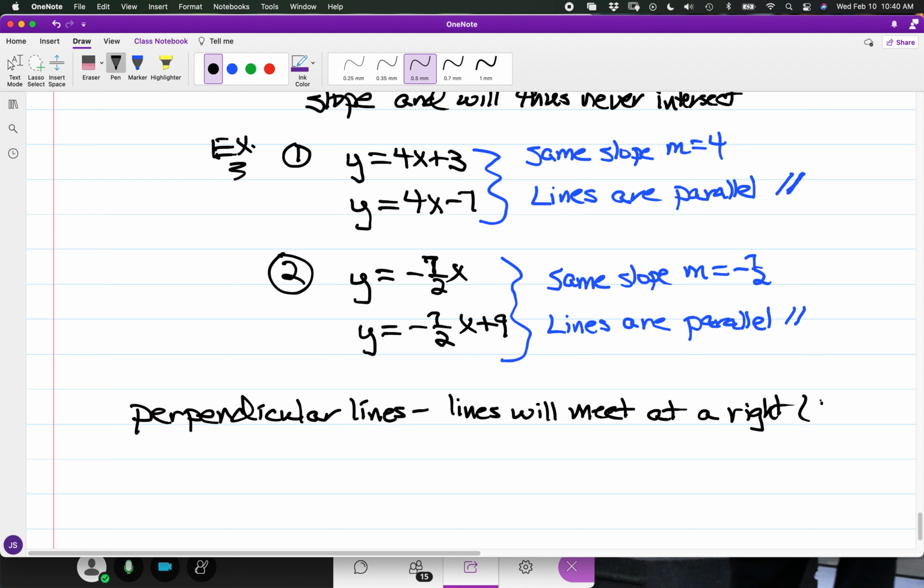Or if you're taking geometry, that's also referred to as a right angle. And they're able to meet at a right angle, or 90-degree angle, because these lines will be opposite sign reciprocals.